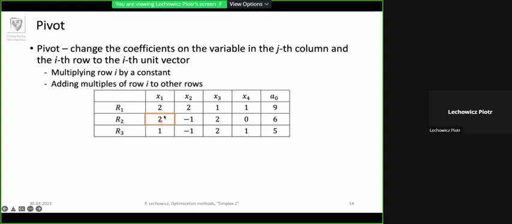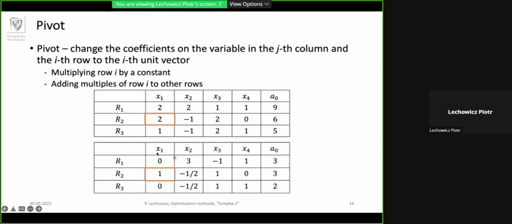So in such a case, if we need to have a unit vector with 1 on each element, we need to divide this row by 2, and then we are adding multiples of this ith row to other rows in such a way that we are changing these coefficients to 0. So this operation is called a pivot.